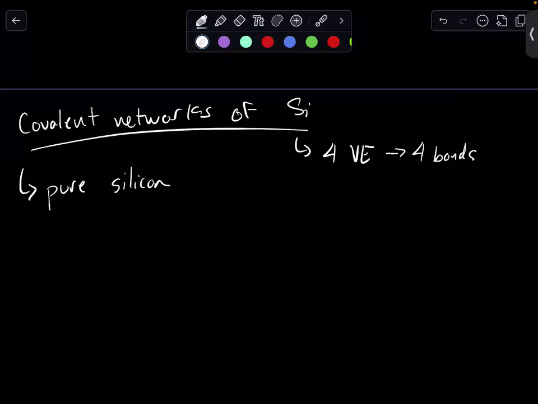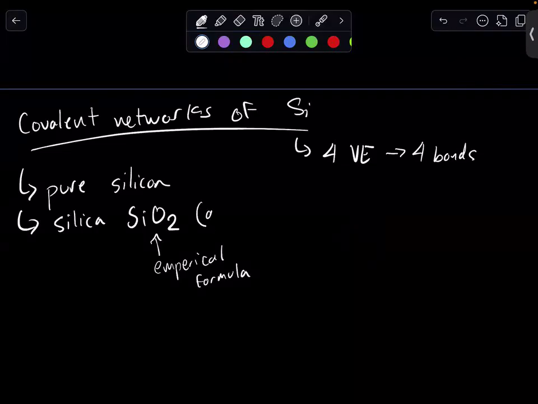They're cut into thin wafers where they can act as semiconductors, or we can have silica, which is technically SiO2, which is actually an empirical formula because it's a covalent network. So this is just our base unit, our lowest set of subscripts. This is also known as quartz more commonly.